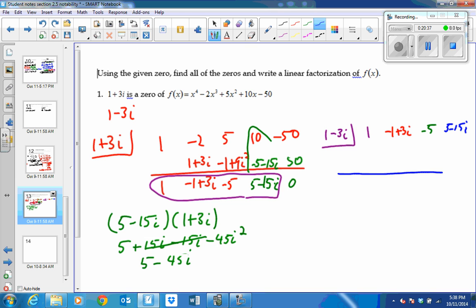This actually looks bad, but it's easier than the other one was. So I bring down my 1, and we multiply that times 1 minus 3i, which is just 1 minus 3i. Now when I add these two, I get 0. So 0 times 1 minus 3i is 0. That equals negative 5. Negative 5 times 1 minus 3i is negative 5 plus 15i, which gives us 0.